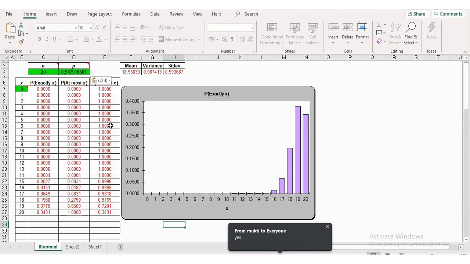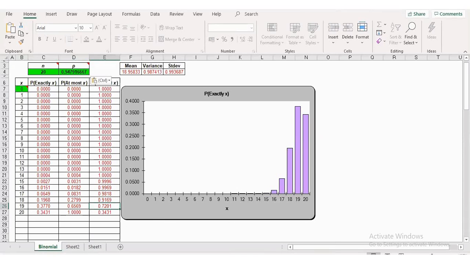Friends, now this is the probability of, let's say, reaching home on time. What is the chance that he is going to reach at least 19 days out of 20 days? This is the probability. If this is clear, what is the chance?